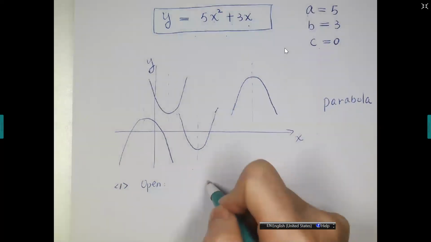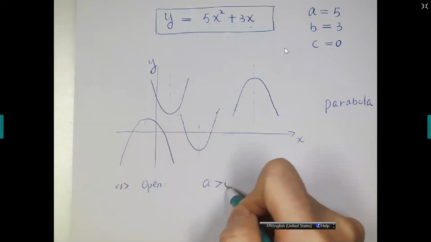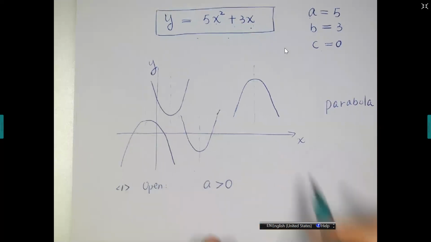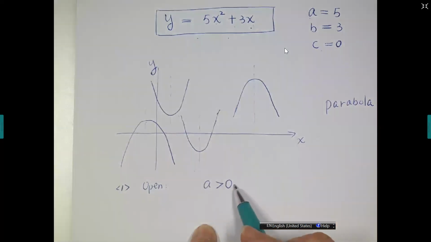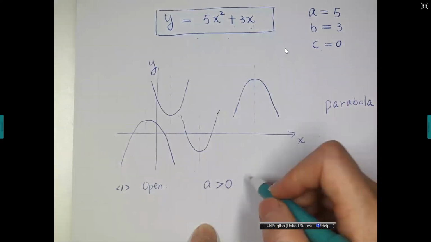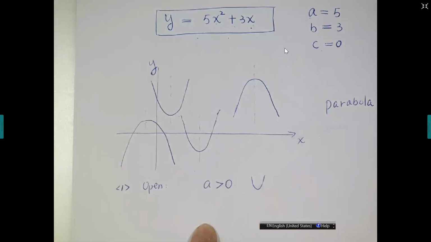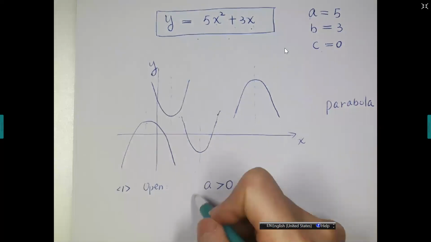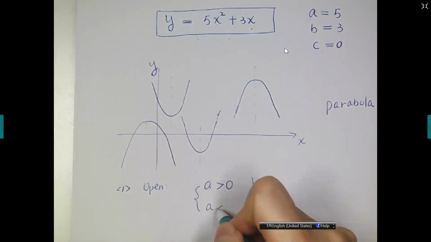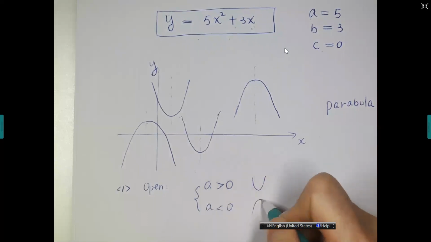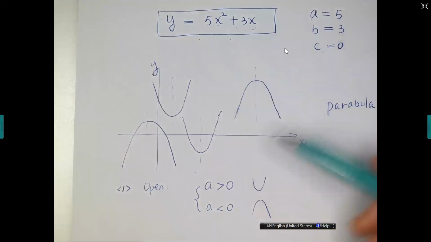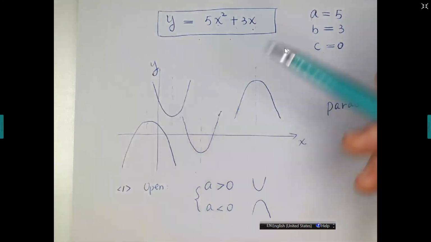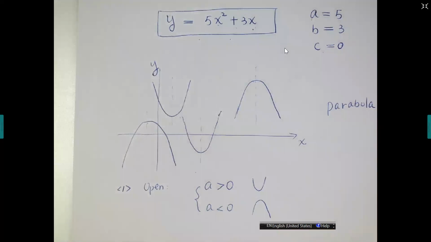If A is greater than 0, so when A, the coefficient of the quadratic term, is a positive number, it always opens upward. When A is a negative number, it always opens downward. The parabola can be anywhere depending on the equation, but we just look at the mouth.